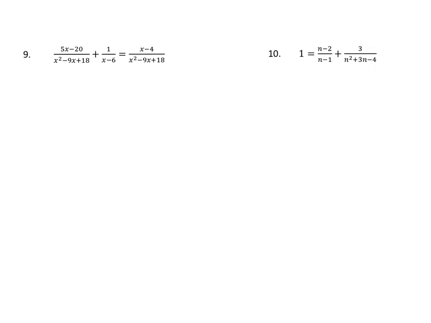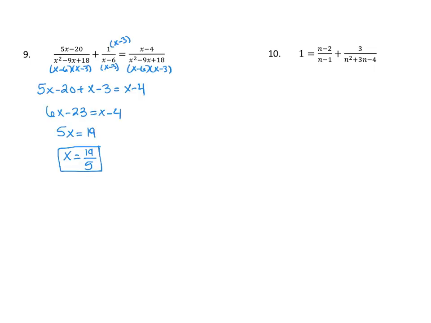So in solving example 9, my two denominators that are trinomials factor into x minus 6, x minus 3. So to get the common denominator for the middle fraction, I multiply the top and the bottom by x minus 3. So that gave me an equation of 5x minus 20 plus x minus 3 equals x minus 4.